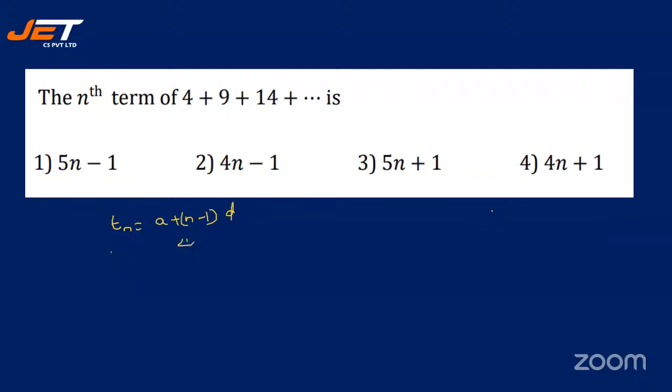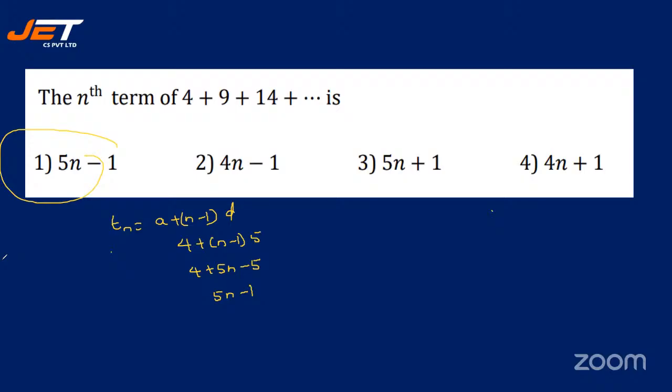So d is 9 minus 4, which is 5. So 4 plus 5n minus 5, which is 5n minus 1. So your option 1 must be the correct answer.